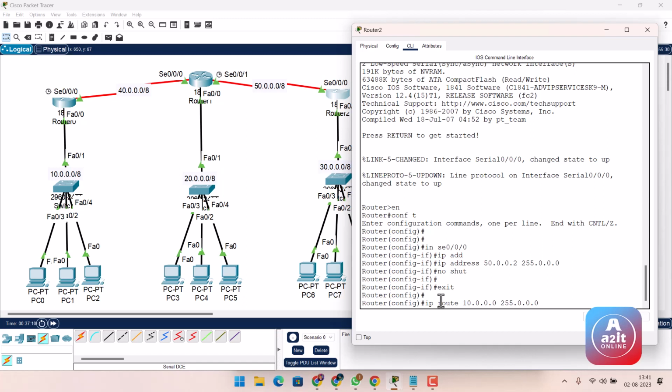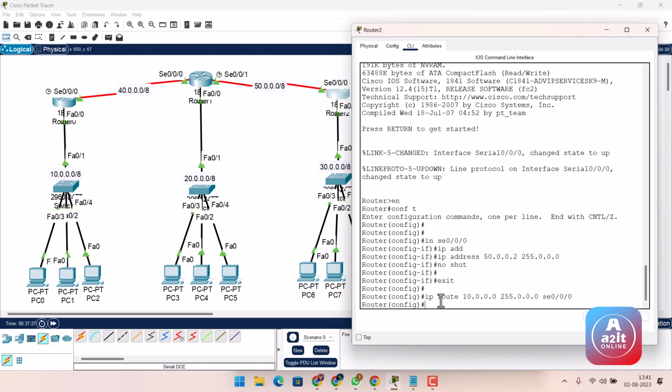Also, the FastEthernet 0/0 port in our third router is connected with our systems with the help of a switch, so we are not able to use this port for further connection. So in the third router we have only one port, that is serial 0/0/0.